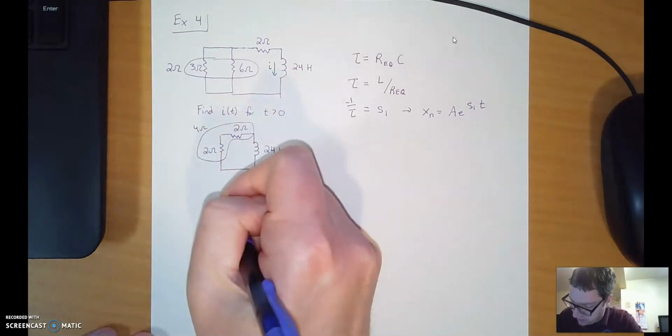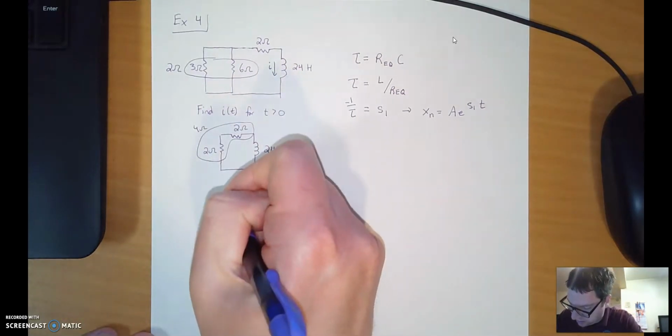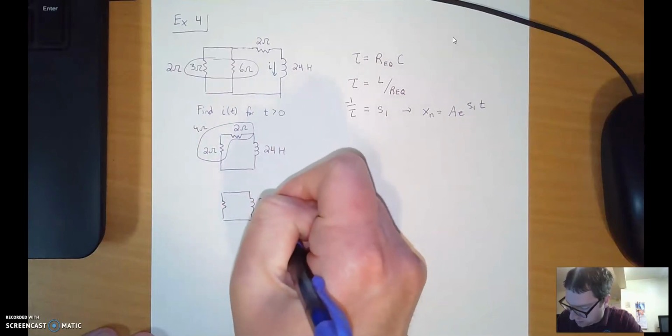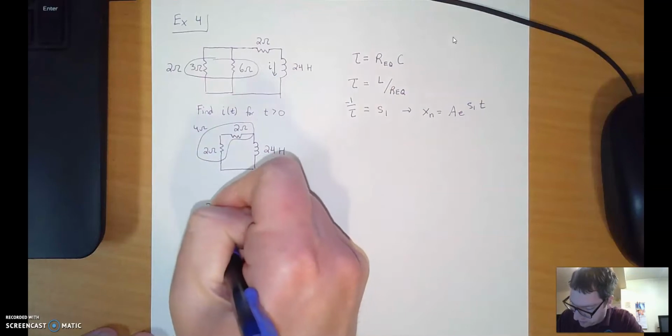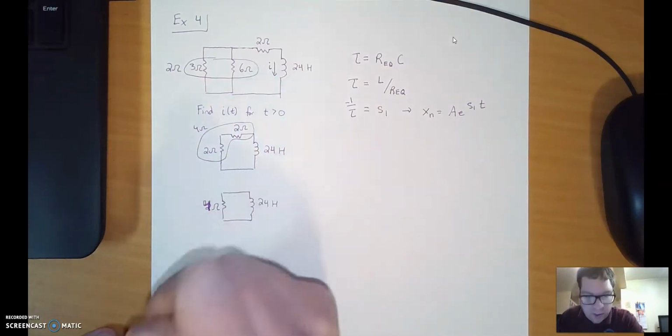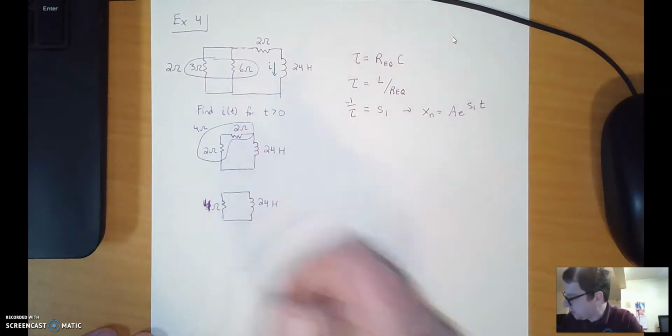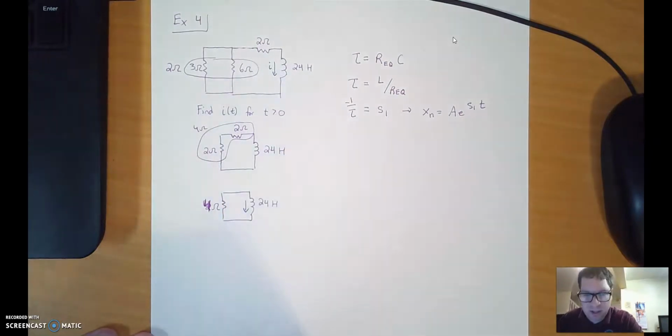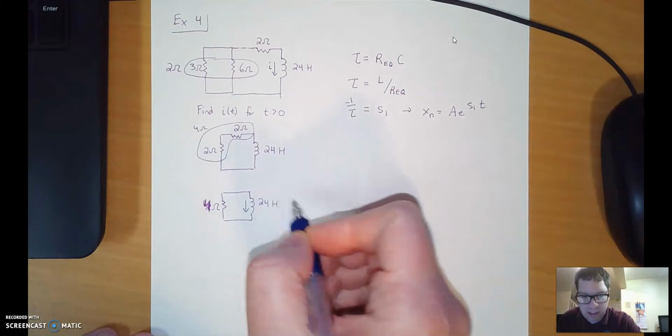So in our new circuit we have 24 Henry and 4 ohms. And then let's label our I. This is the current that we're trying to find. Generally, you're going to try to find the current through the energy storage element, but you could find it other places in the circuit.